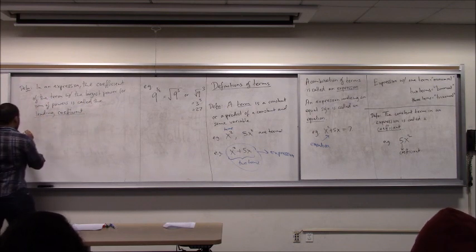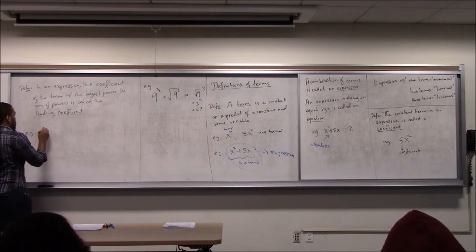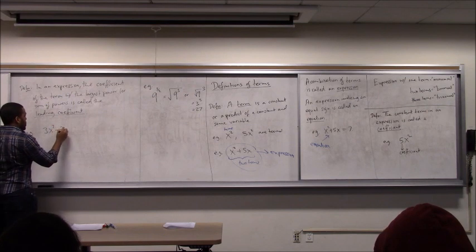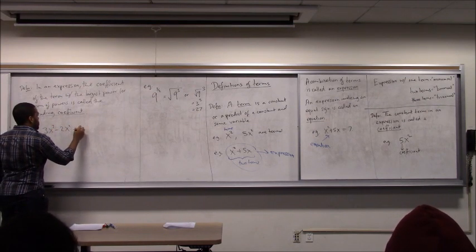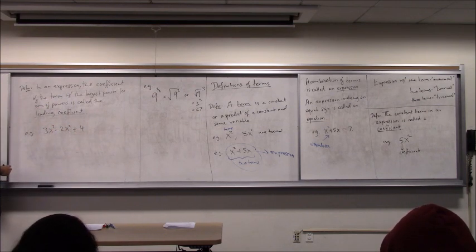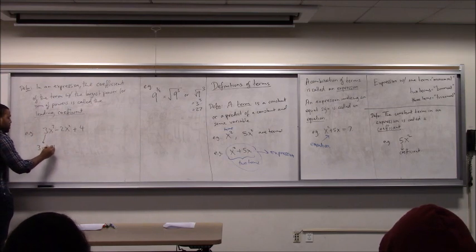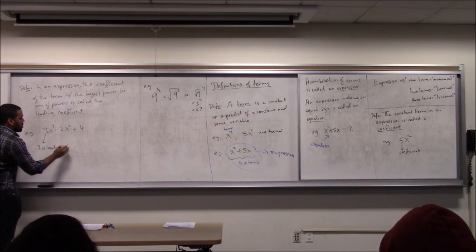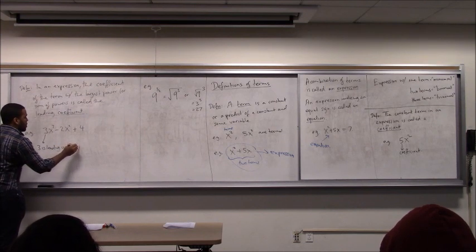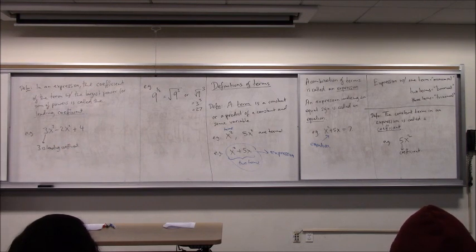So the leading coefficient is, for example, I can have 3x to the 7 minus 2x squared plus 4. And you should recognize that this 3 is the leading coefficient. It does not necessarily have to be in the lead.